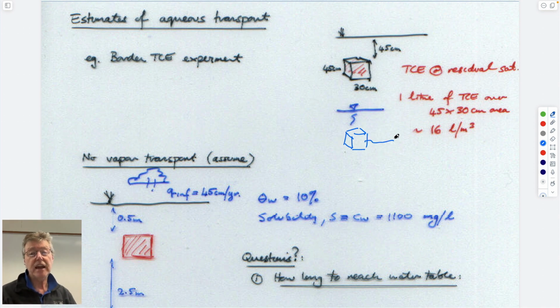And they just let that get carried downstream by advective velocity in the water. So that was the data we already looked at. They did exactly the same experiment above the water table. I guess I know here from the picture below, the water table looks like it was 3.5 meters deep.